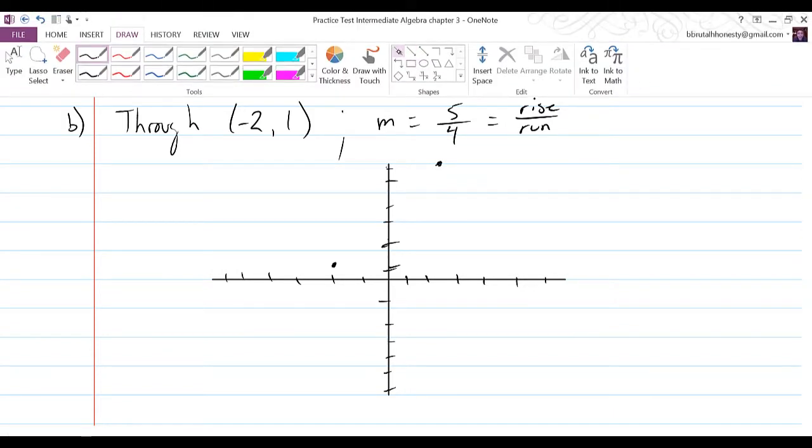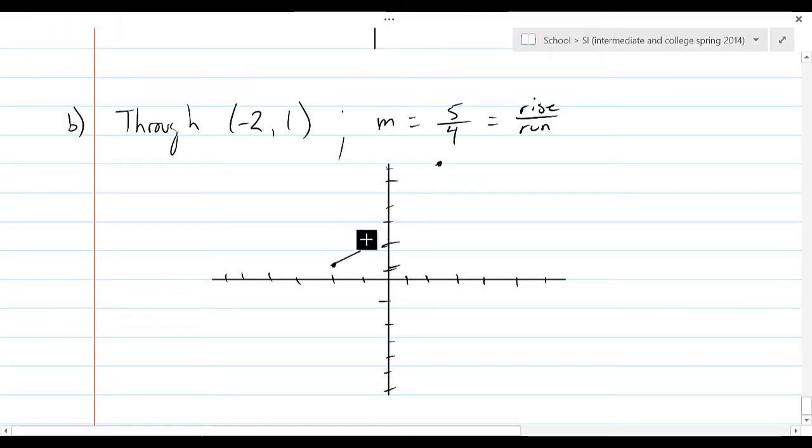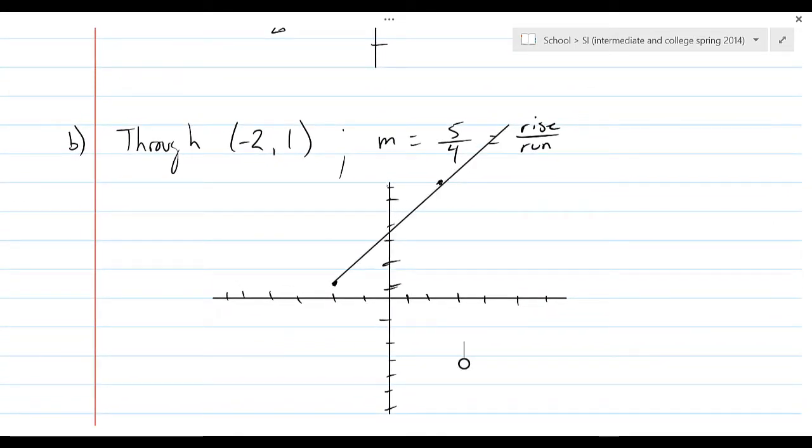Let's try this arrow, see what that does. Now that works pretty well. Not the best, but that's okay. Okay, that's our graph. It should come down a little bit as well. Not as straight as the computer, but whatever. You get the idea. The graph is complete.